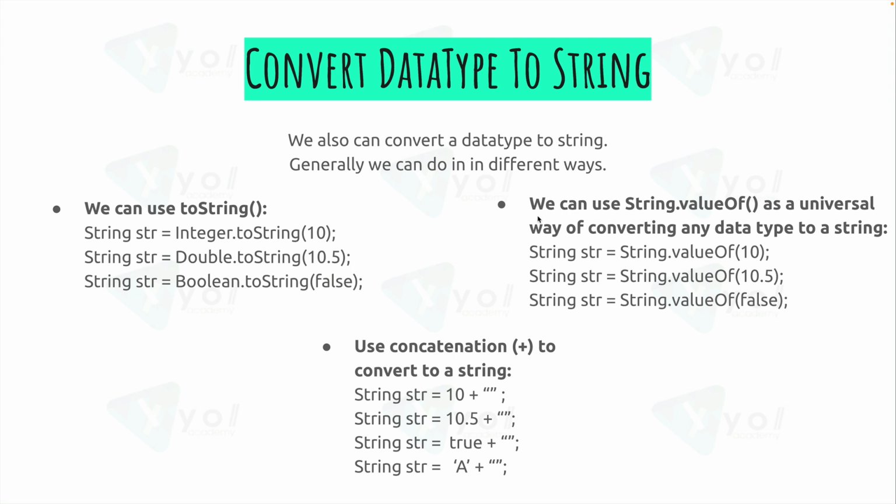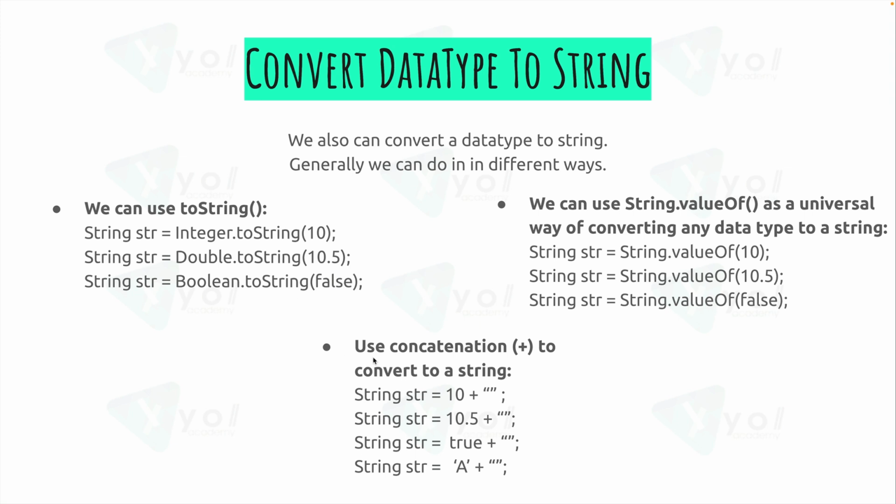Another option is valueOf. This is a universal way of converting any data type to a string. You can say String.valueOf, provide an integer, a double, a boolean, a character, anything you want, and that will be converted to a string.